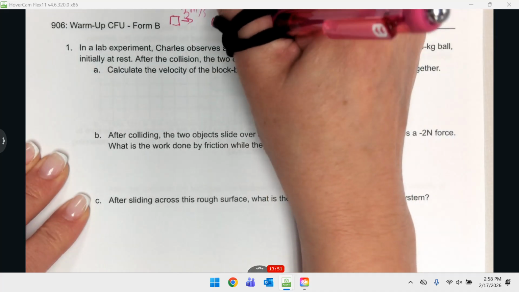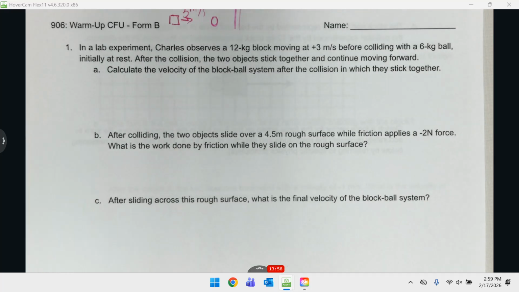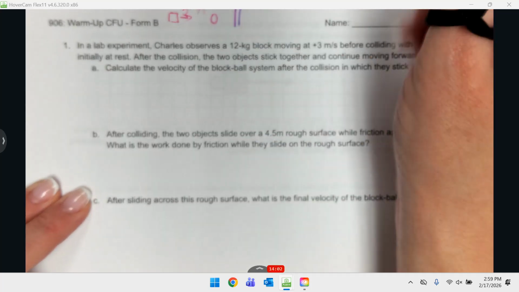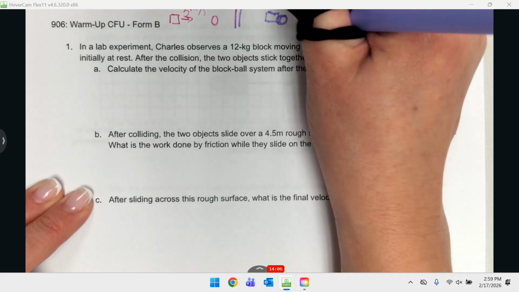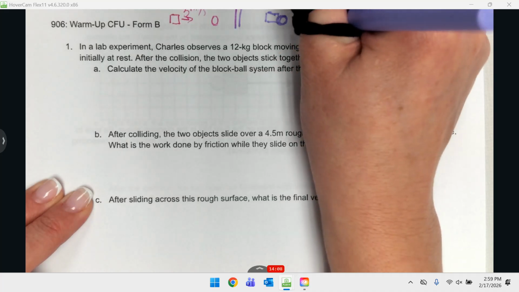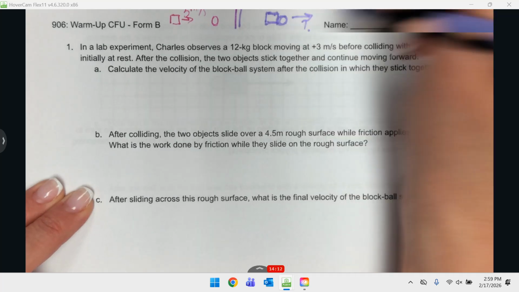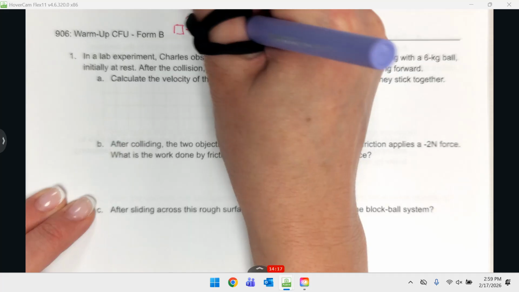And then after the collision, my pen is running out of ink apparently, so let me get something else to write with. After the collision, now we have the two objects just stuck to each other, and they're moving together as one unit. And the question is, how fast is that? Okay, so that is our setup for this problem.